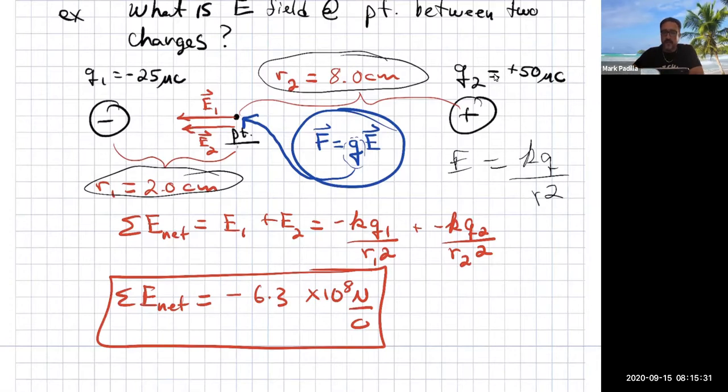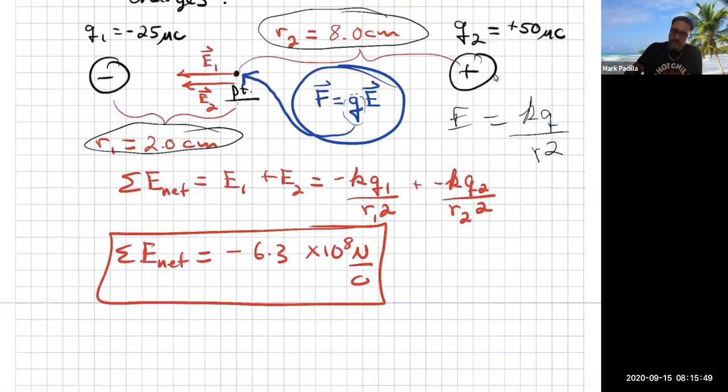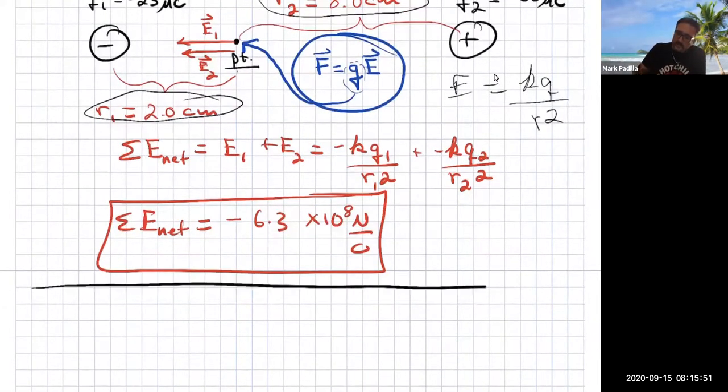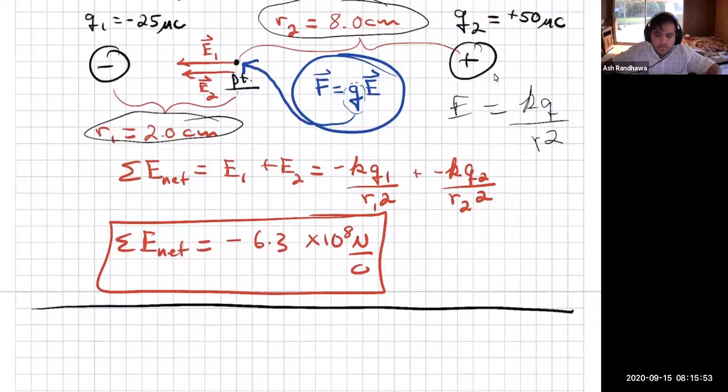We got negative 6.3 times 10 to the 8 newtons per coulomb. That's the strength of the electric field at that point. So how is that useful to us? Well, let's say that is part A.